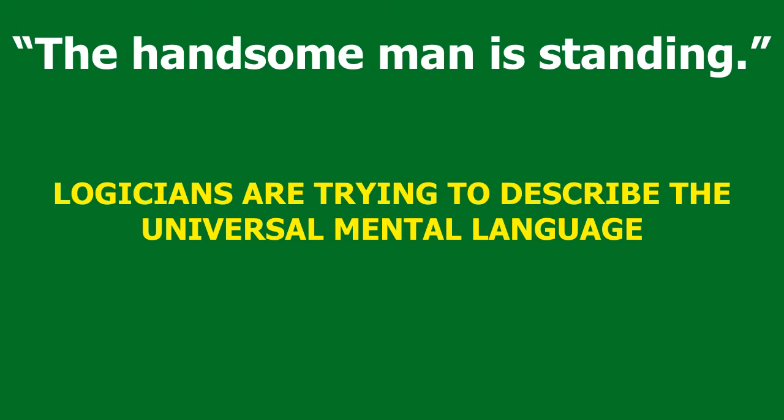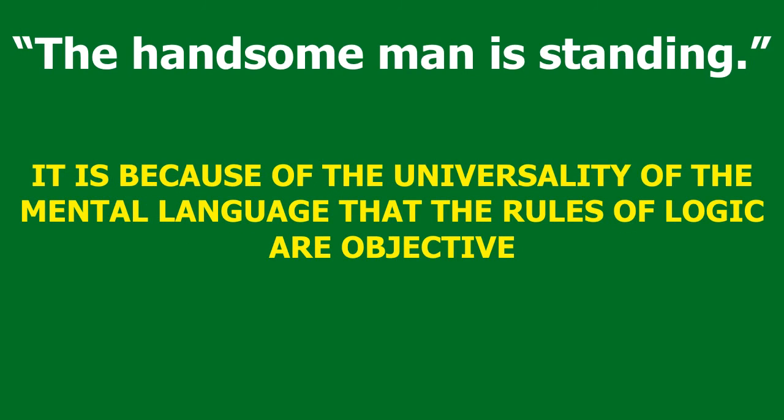This is actually an important point because it's because of the universality of this mental language that the rules of logic are objective. If the mental language varied from one spoken language to another, then that would mean that the logic of those who spoke Arabic would be different than the logic of those who spoke Greek, which would be different from the logic of those who speak English.